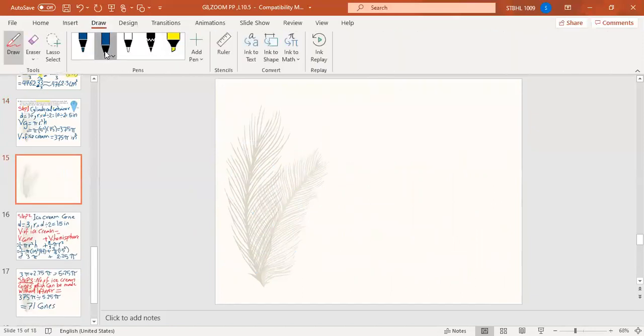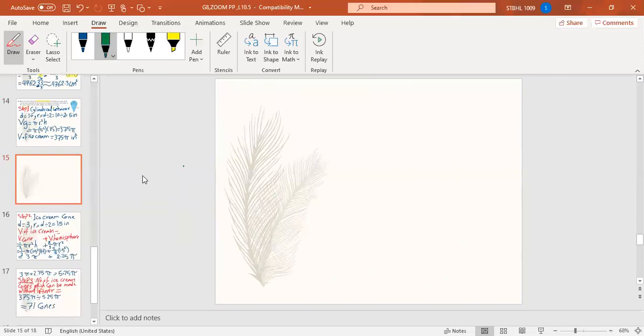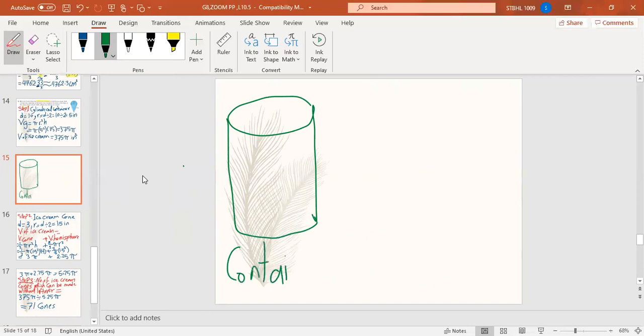Mel has an ice cream shop, and he keeps the ice cream in a cylindrical container. Here it is. This is the container. This is not shown in the exercise. You have to draw it in your brain or in your copybook.